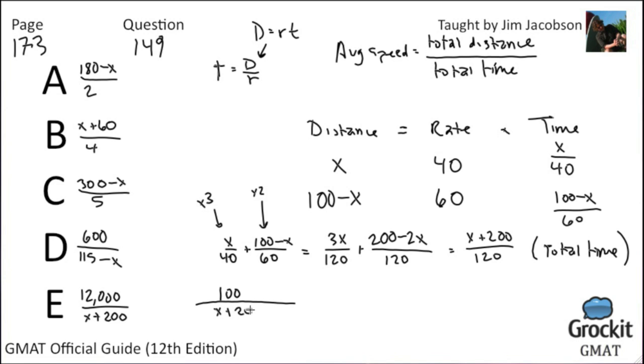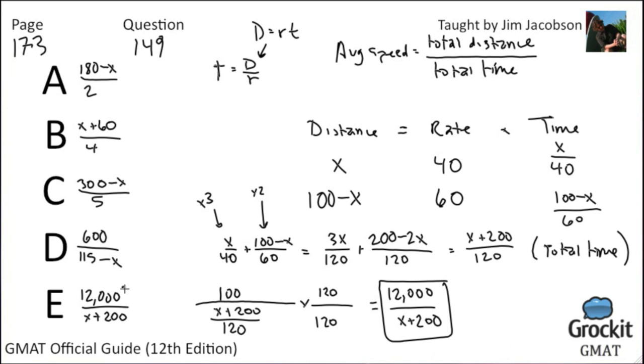X plus 200 over 120. We would multiply our numerator and our denominator by the same thing to get rid of that fraction in the denominator. We end up with 12,000 over x plus 200, which looks an awful lot like what answer choice E has. So there we have it, answer choice E to question number 149.